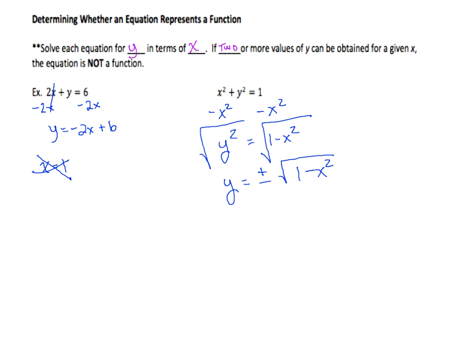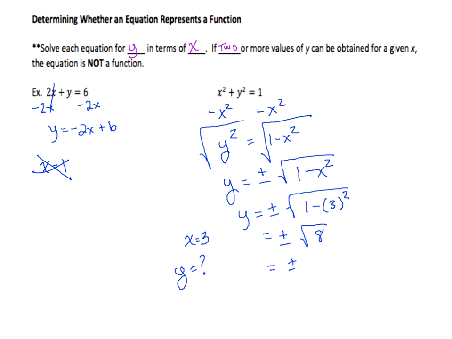So we'll just plug in 3. If I plug in an x value of 3, and I want to know what y is, I have y equals positive or negative square root of 1 minus 3 squared. So this is positive or negative square root of 8. We would need to simplify that. The same thing as square root of 4 times 2.